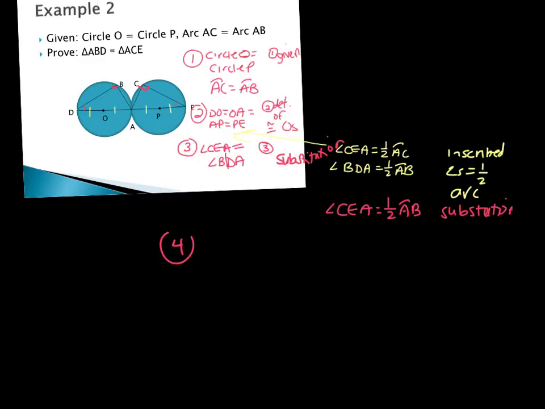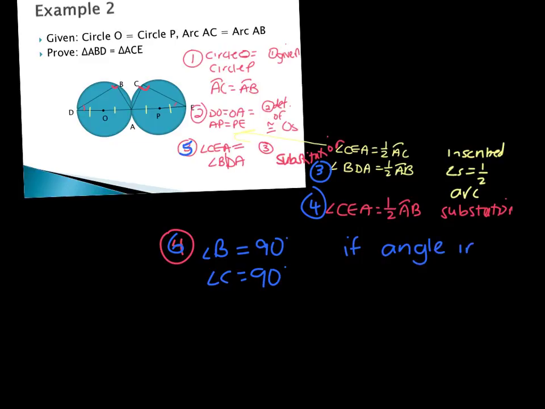So I can also do that last one. My numbers are off. This is 3, this is 4, this is 5, this is 6. So I can say that angle B equals 90 degrees and angle C equals 90 degrees. And that's because if an angle is inscribed in the diameter, then it equals 90 degrees.